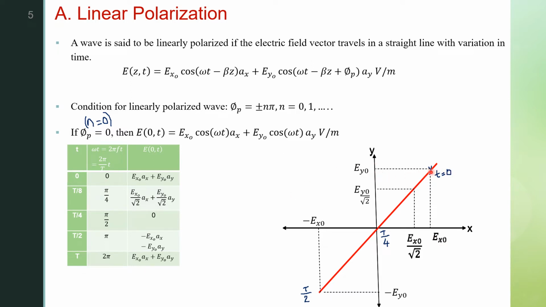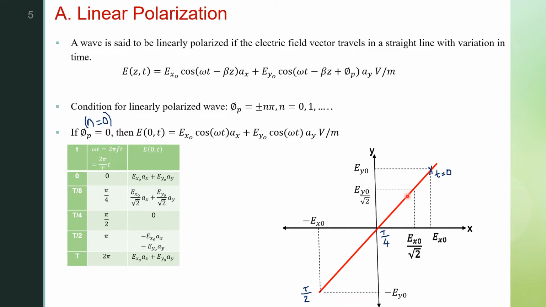So what is the point it defines? It is this particular point. So at t is equal to 0, it is Ex0 ax plus Ey0 ay, and this is the point it defines. And when t is equal to T by 8, the value was Ex0 by root 2 ax plus Ey0 by root 2 ay. So that's going to be Ex0 by root 2 along x direction and Ey0 by root 2 along y direction. So that point is going to be somewhere here.